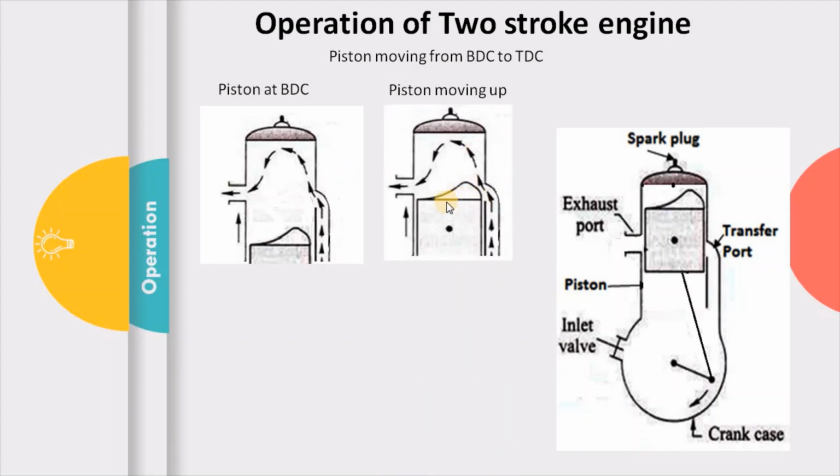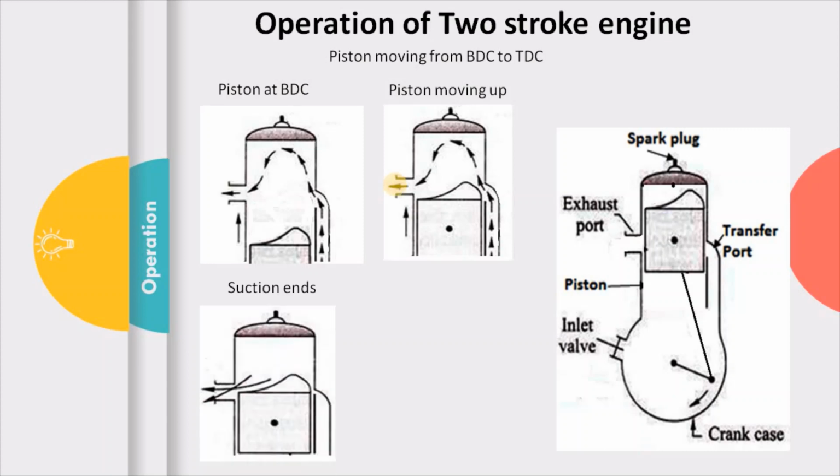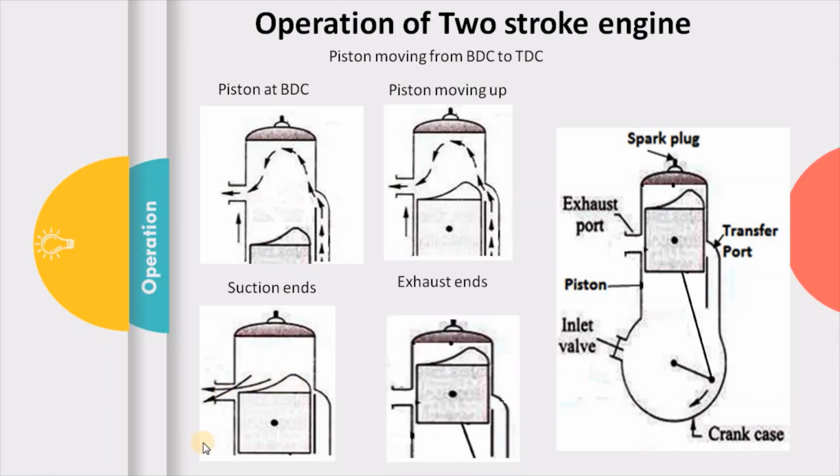Now here you can see the piston has reached over here, but still the suction is happening and exhaust is also happening. Now when the piston covers the transfer port, the suction ends, but still the exhaust is happening. Now as the piston further moves up and covers the exhaust port, the exhaust also ends.